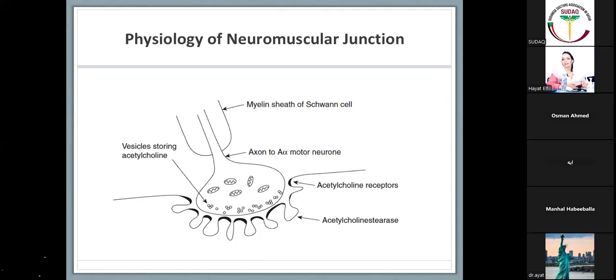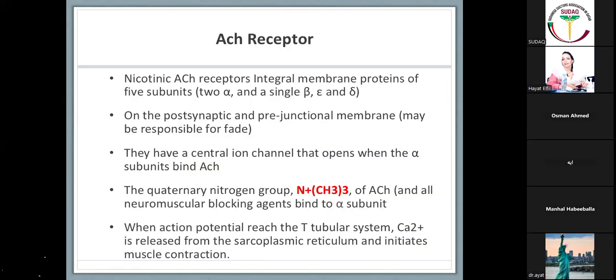So it is important also to know about the acetylcholine receptor. These are integral membrane proteins, and they have 5 subunits: 2 alpha, a single beta, epsilon, and gamma. We'll be more interested in the 2 alpha subunits. That's where acetylcholine and all neuromuscular blockers or muscle relaxants bind.